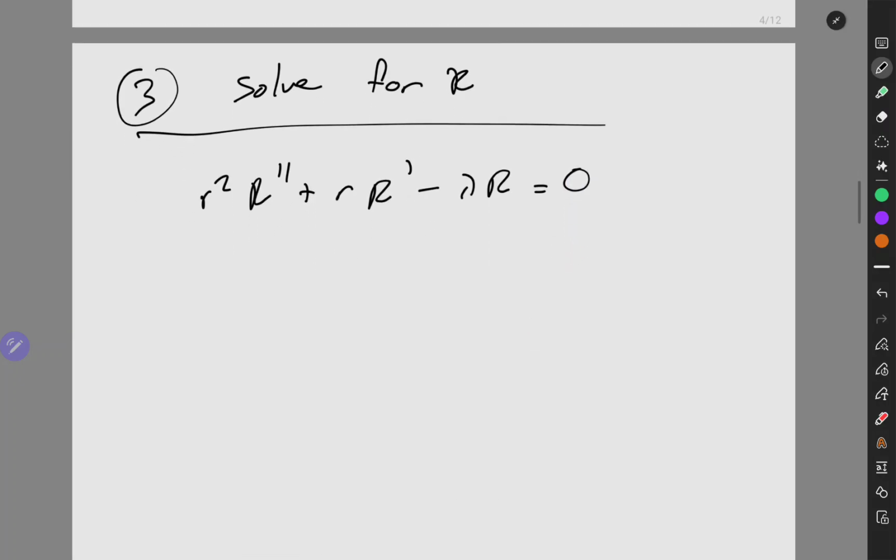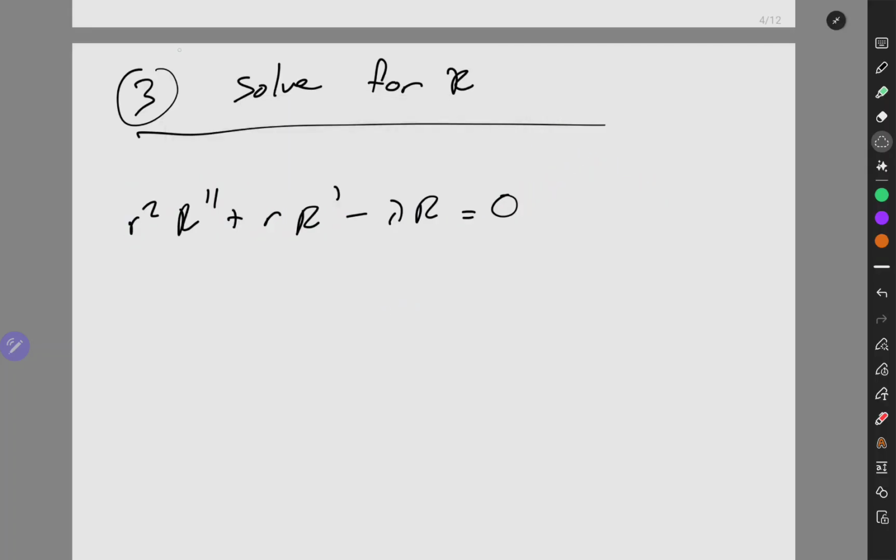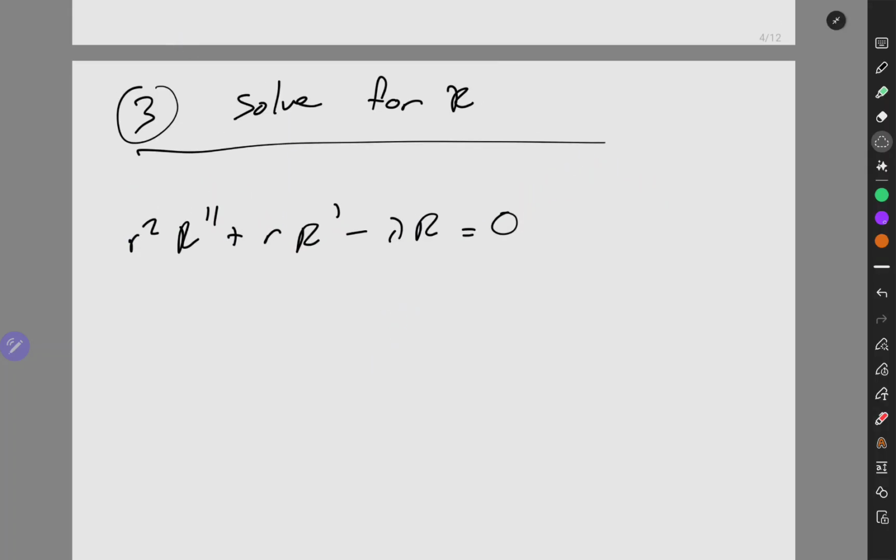So this, if you remember back to second order ODEs, is an Euler equation. For an Euler equation, we had to propose R equals r to the h.